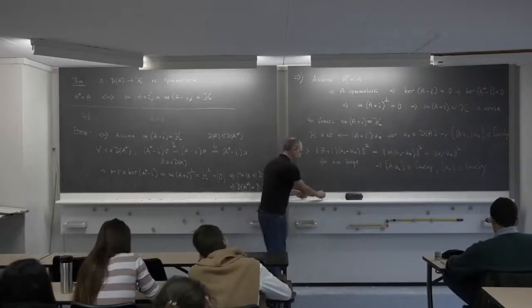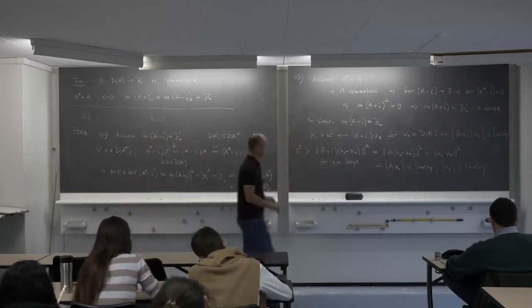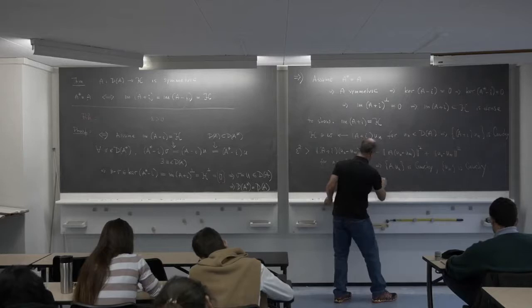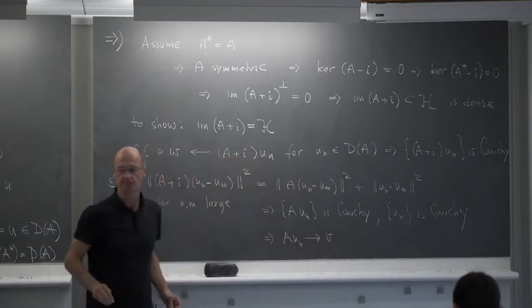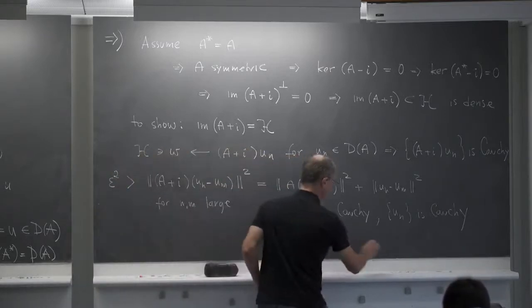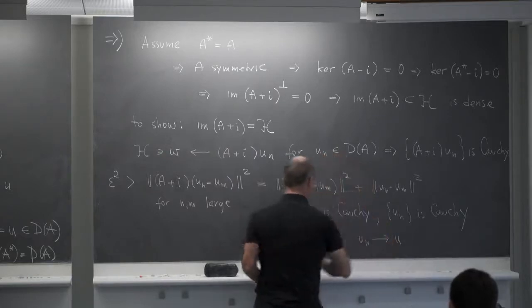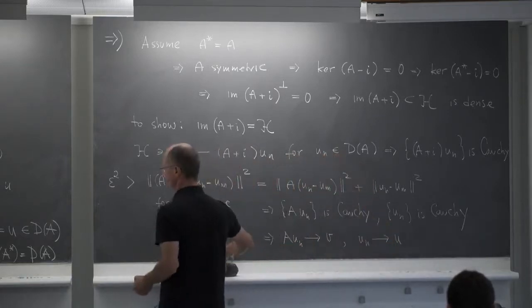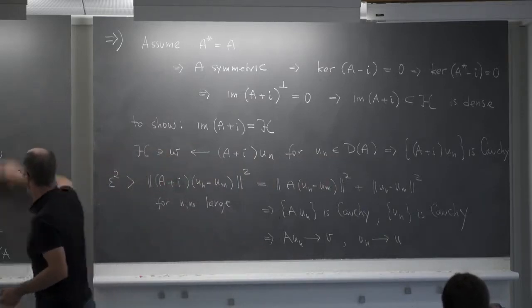Well, now Cauchy sequences converge in our complete Hilbert space. So this means AUN converges to something, let's call it V, and UN converges to something, let's call it U.